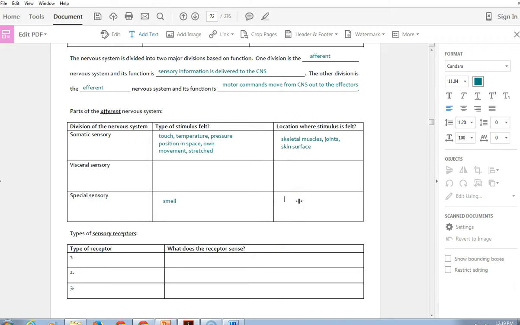Well, that's going to be your nose. So I'm going to let you go through and try to complete filling in this chart, but I've done the first couple of things for you to help you understand what I'm looking for.